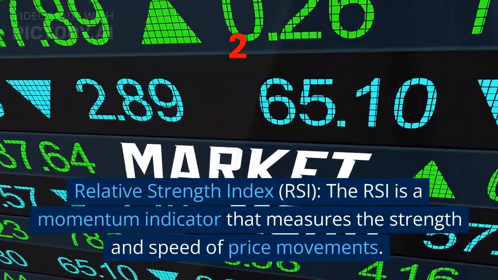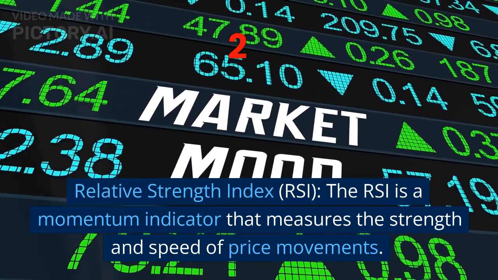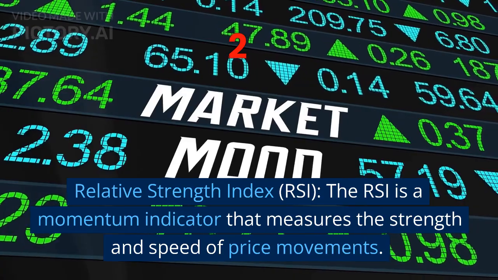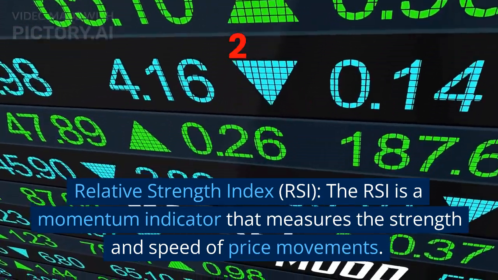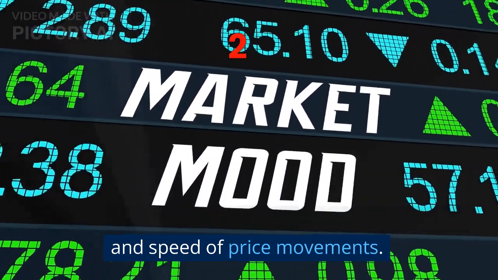Number 2: Relative Strength Index indicator, or RSI for short. The RSI is a momentum indicator that measures the strength and speed of price movements.